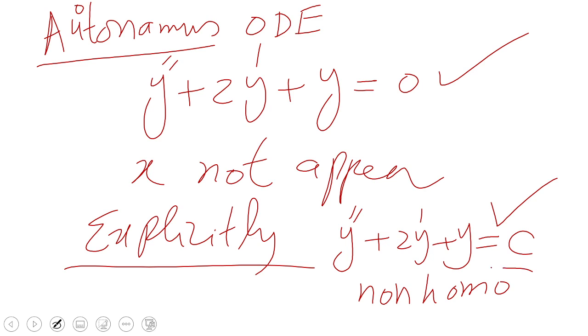So the homogeneity is violated, it becomes non-homogeneous, but it is again an autonomous differential equation because no independent variable appears explicitly. So some differential equations are autonomous but non-homogeneous.